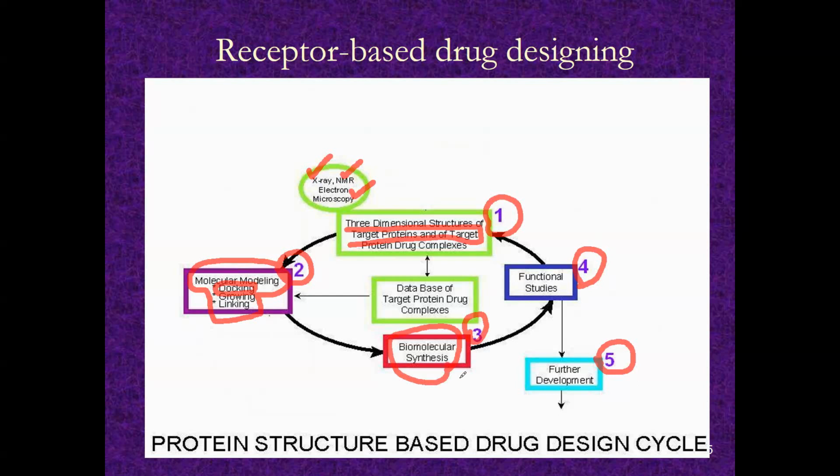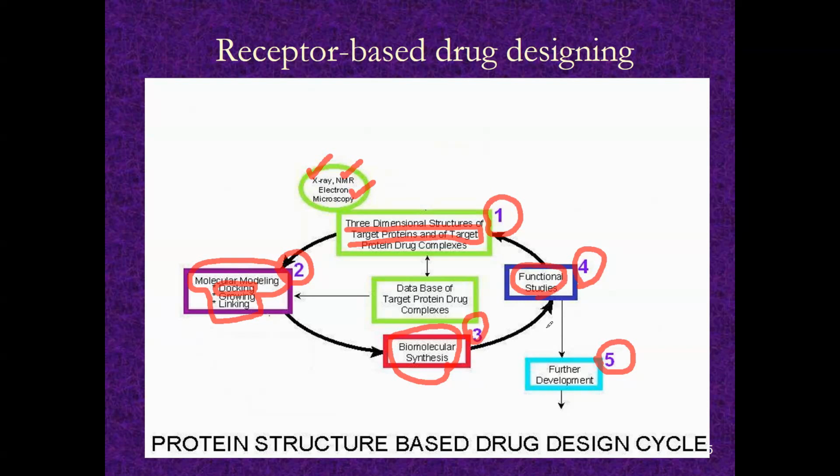the compounds. And this step, the third step, is normally carried out in the chemistry labs by chemists. And then when the potential chemical compound is synthesized in the lab, then the functional studies are carried out. Okay?